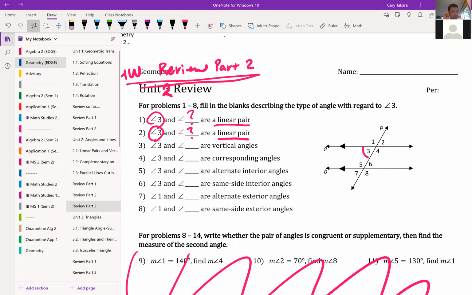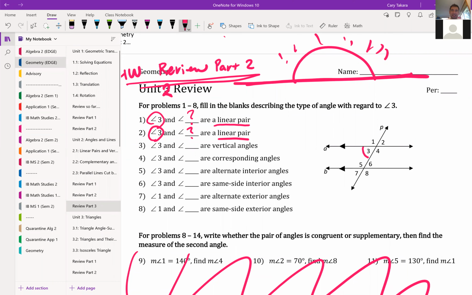Now, I hope you are remembering what linear pair is. It's kind of like the sunrise or sunset on the ocean, right? You've got the horizon, and then you've got the half sun dipping into the horizon, into the ocean, right? That's a linear pair. And then the 2 angles are just right next to each other, like this one and this one.